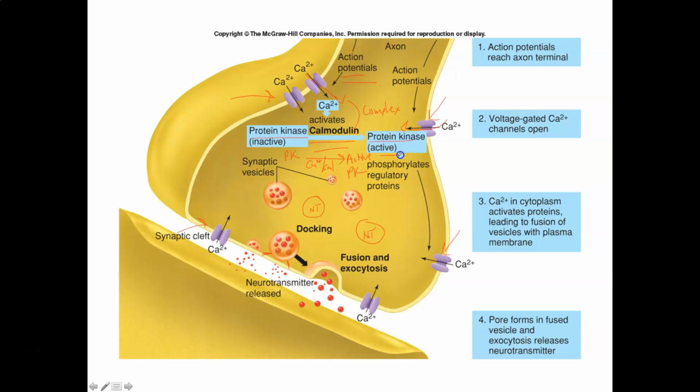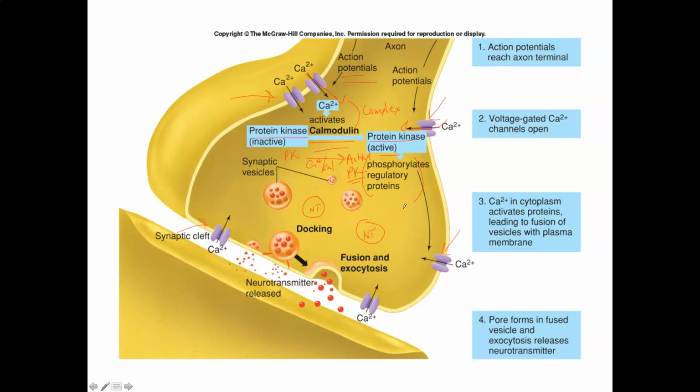And so it's labeled here, active protein kinase. Protein kinase is a phosphorylating enzyme. So it provides energy to other proteins within the axon terminal. So again, this isn't depicted in this diagram, but it's showing you that you get an activation of protein kinase and it becomes a phosphorylator. It's going to activate other proteins.